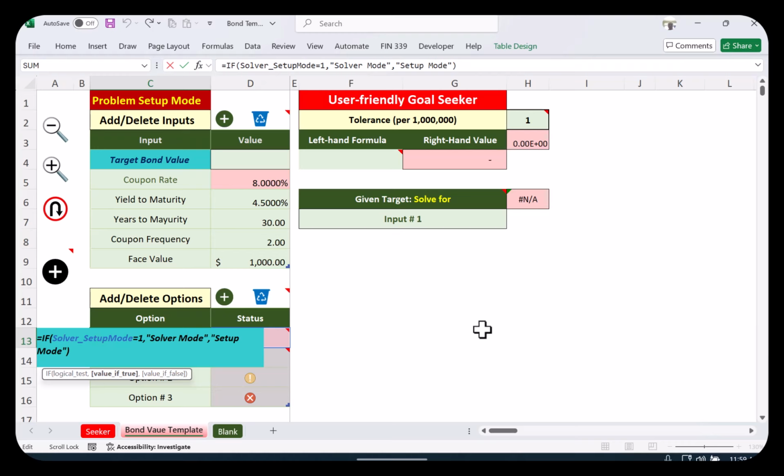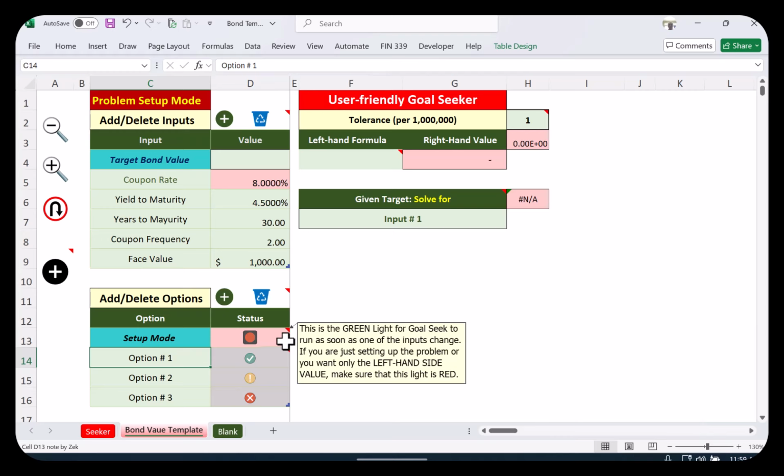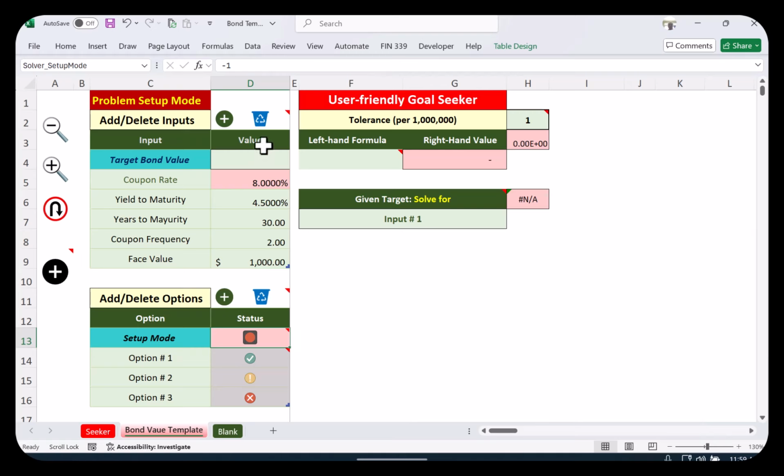So depending upon the case, I set this thing in such a way that when the value of that cell is 1, it's going to be green light. When the value of the cell is not 1, it's going to be red light. That's just a visual manifestation of that. If you actually look here, you see that it's -1. Since we're not using any options for this one, we're not going to worry about that.